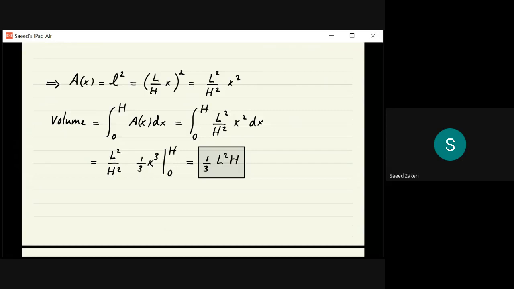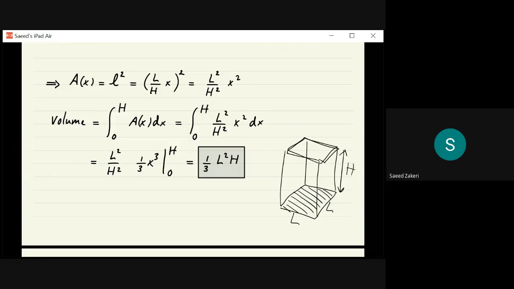If instead of a pyramid you had a box, just a regular shoebox with an L by L square base and height h, what would be the volume? Well, the volume would be the area of the base, L squared, times h. This would be the volume of a rectangular box whose base is an L by L square and whose height is h.